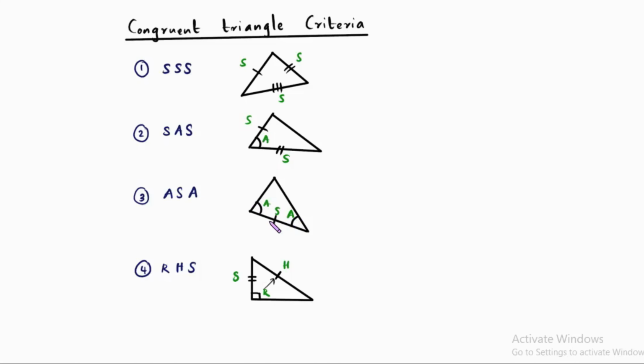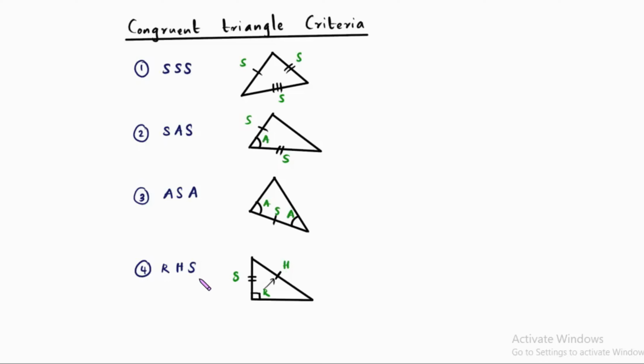The third criterion is where 2 angles and the included side are equal to 2 angles and the included side of another triangle, they will be congruent. And finally, this is applied to right-angled triangles, which is RHS. So they both should have a right angle, and the hypotenuse should be equal, and then we have the side. This doesn't mean that every right-angled triangle will always obey the RHS criteria.